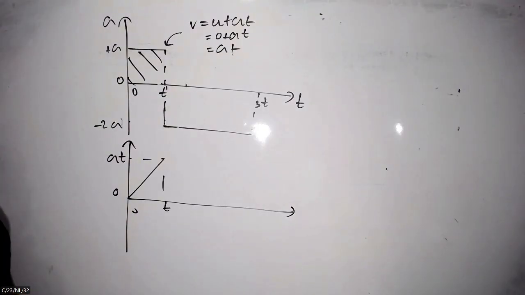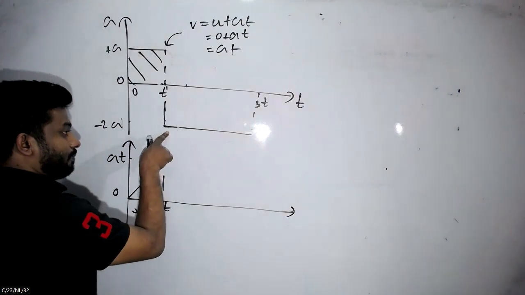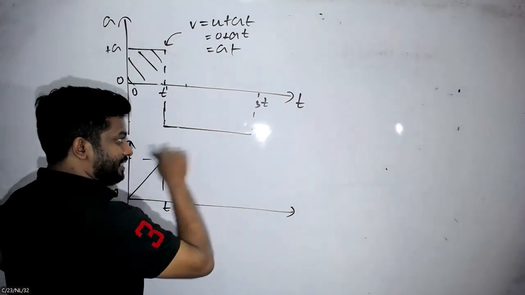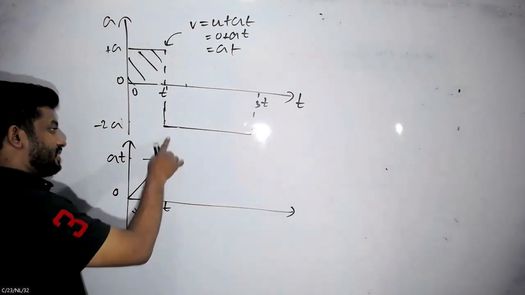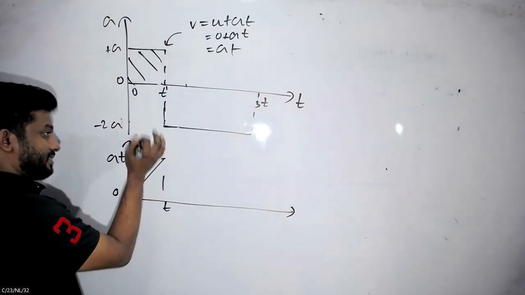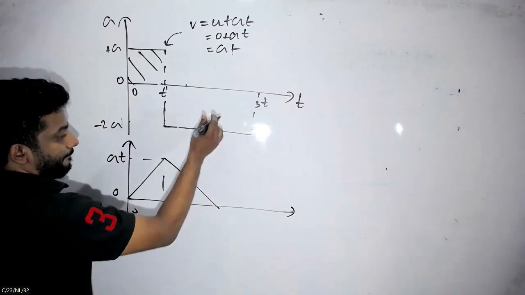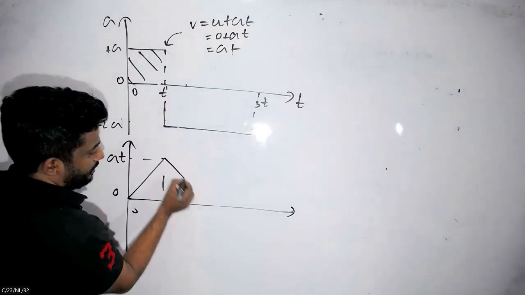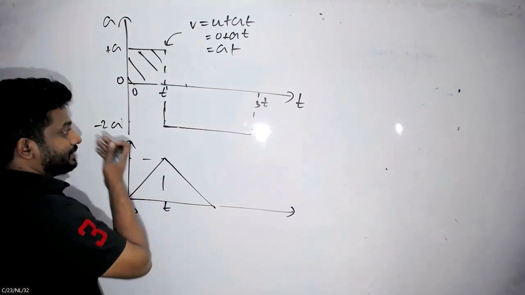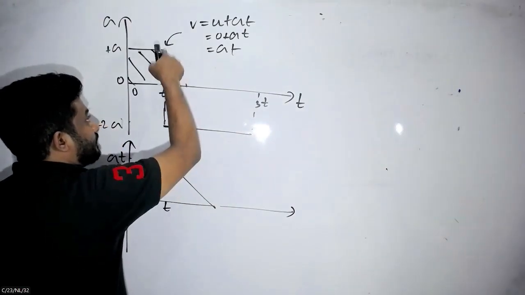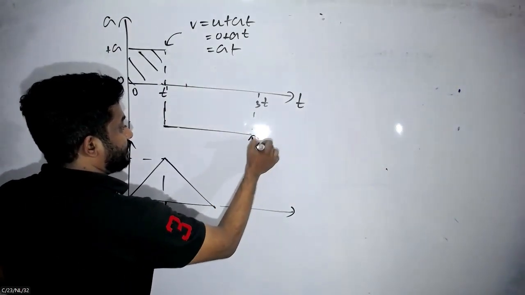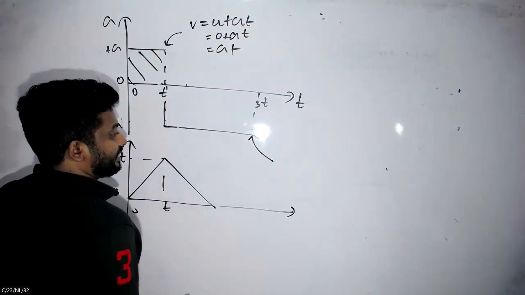Right. Then you can observe that the object decelerates. It is a constant deceleration. Due to this deceleration, the object first decreases its velocity. Right. And now the velocity is aT, no? Then you need to identify the velocity at t equals 3T.